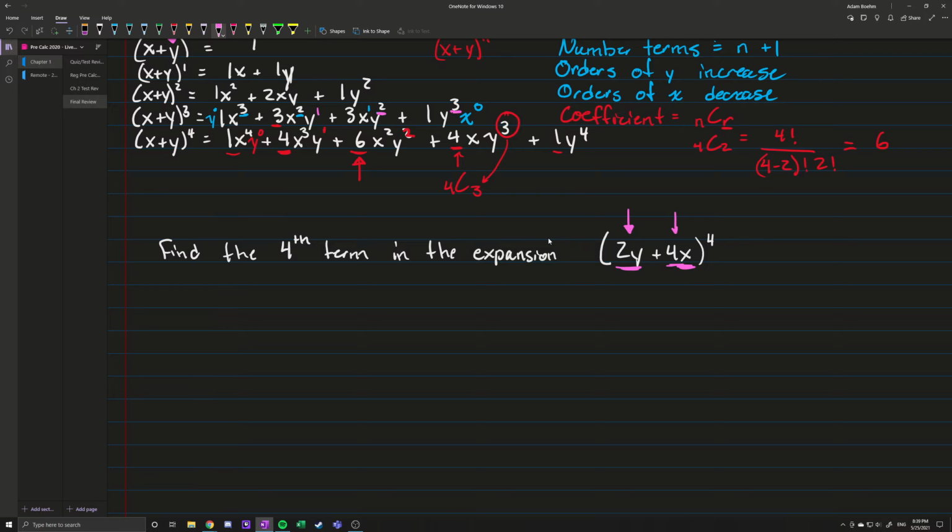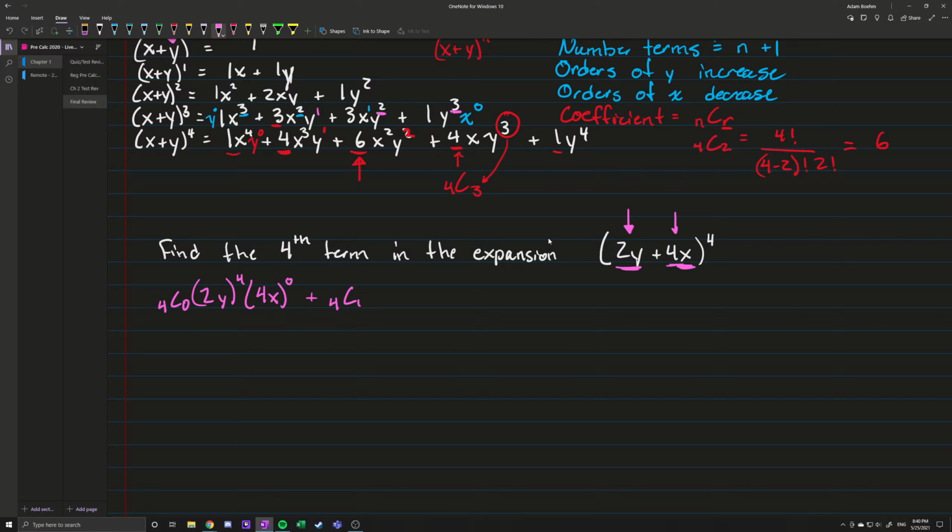So if we were to write these terms out, we would have 2y to the fourth times 4x to the 0, times a constant. And actually, I'll just write this out. This would be 4 choose 0 times 2y to the fourth times 4x to the 0.